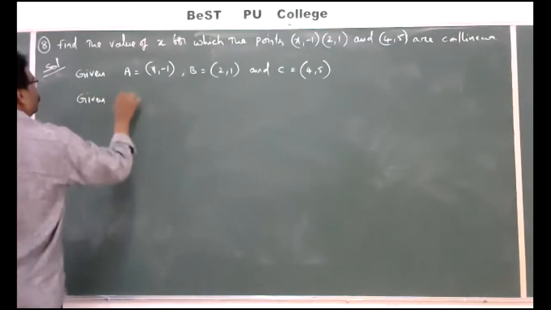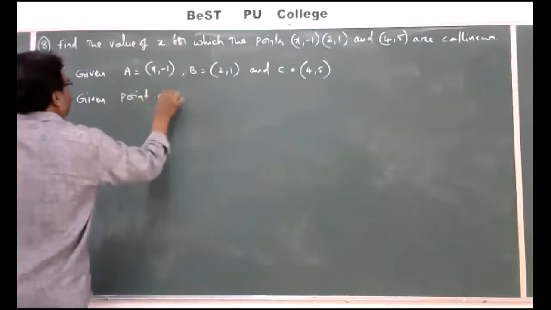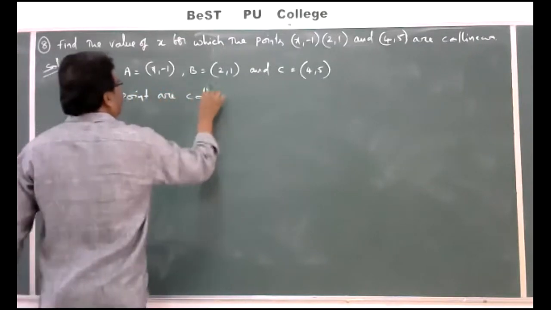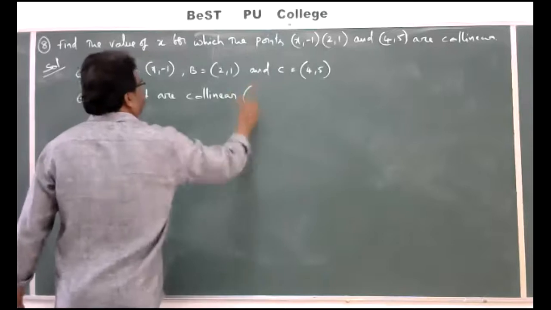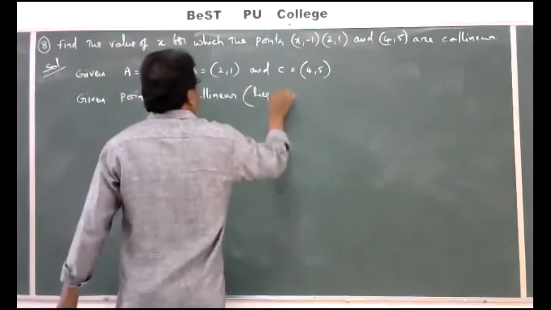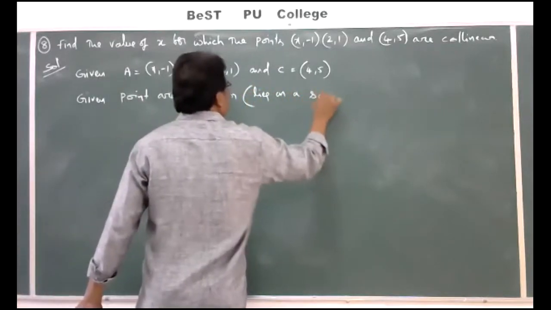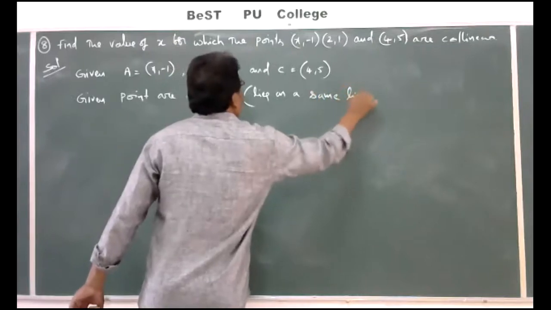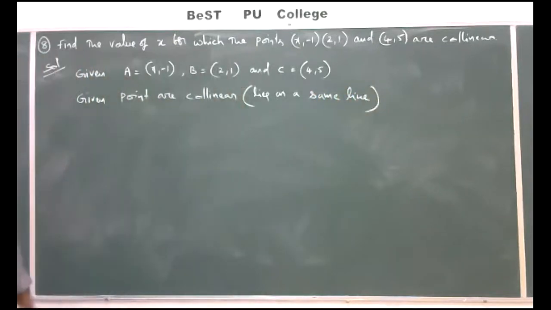Given points are collinear, that means they lie on the same line.